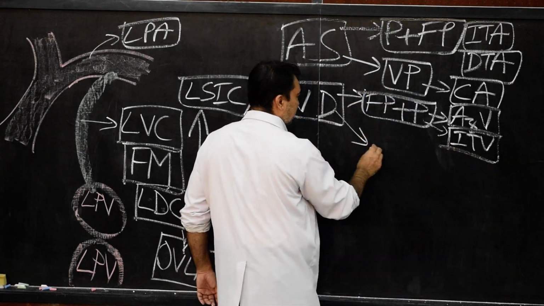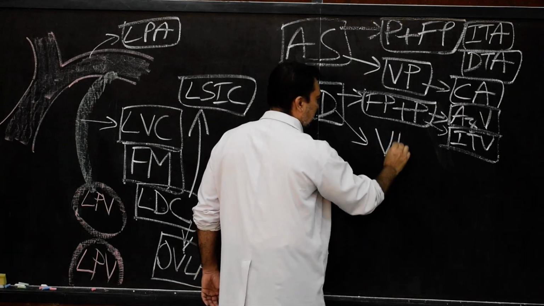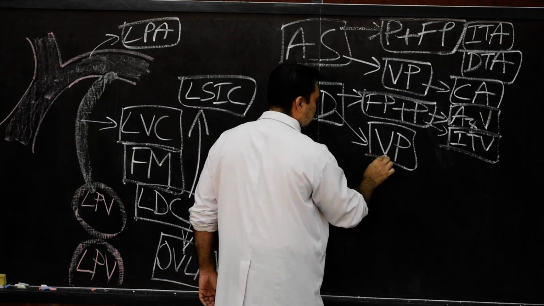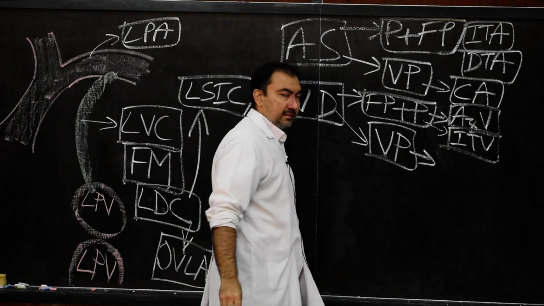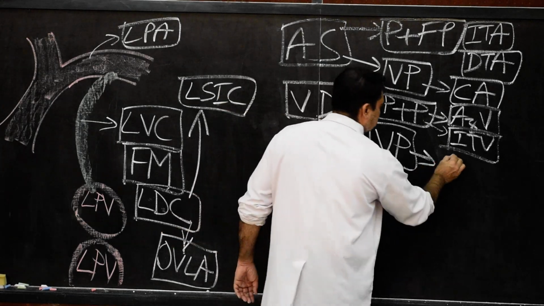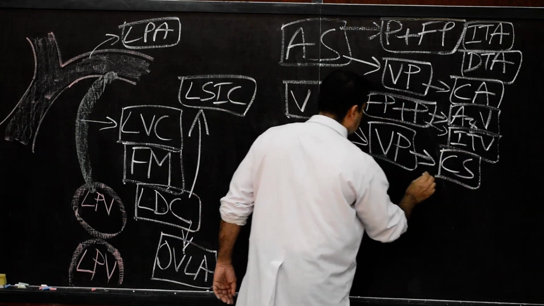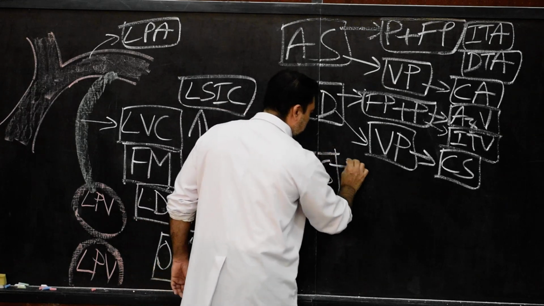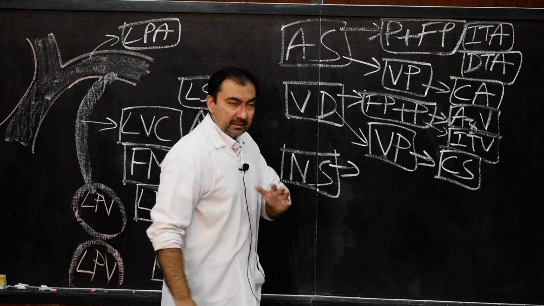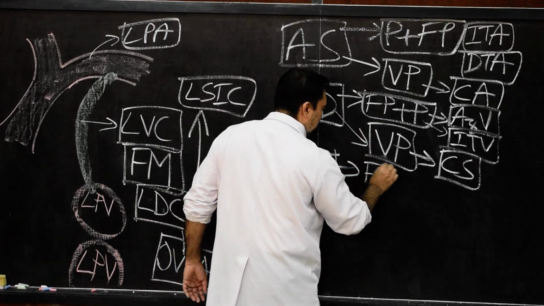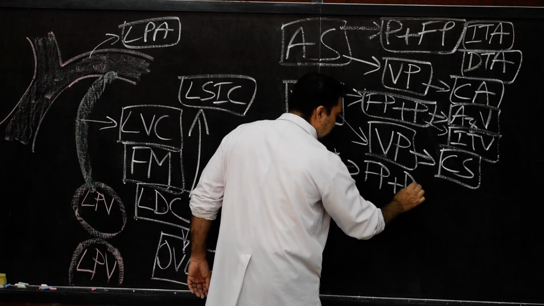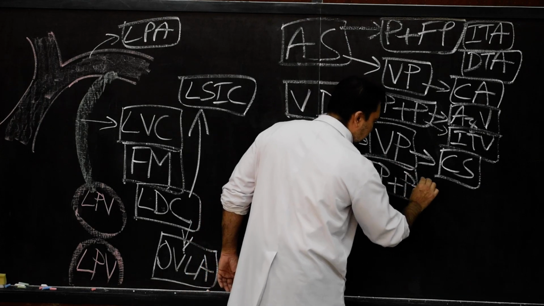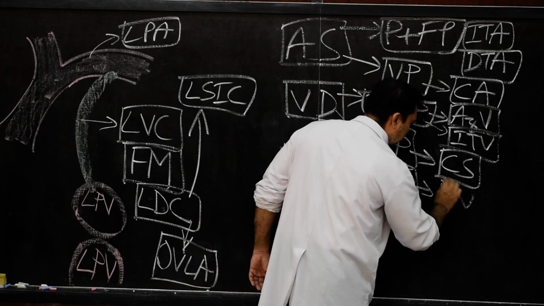Similarly, the venous drainage of visceral pericardium will be into the coronary sinus, and then we come to the nerve supply. Now, in the nerve supply, the fibrous and parietal pericardium will receive its nerve supply from phrenic nerves.